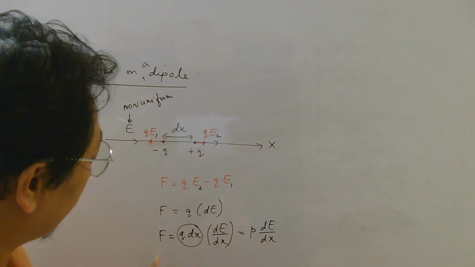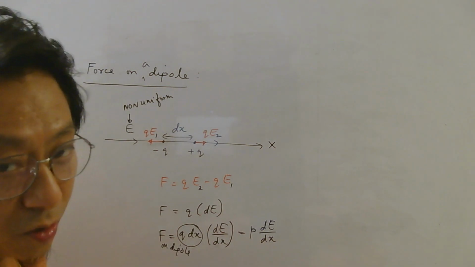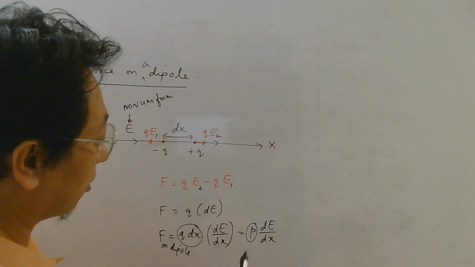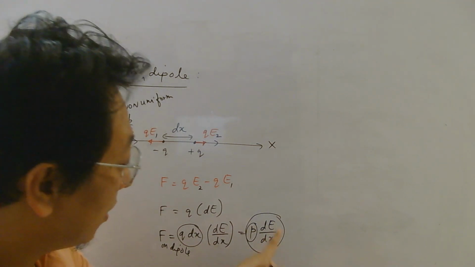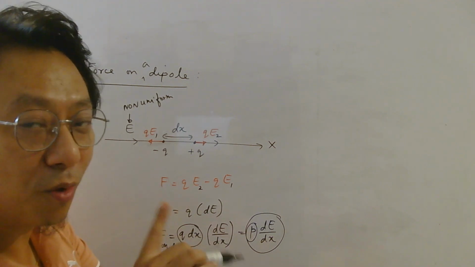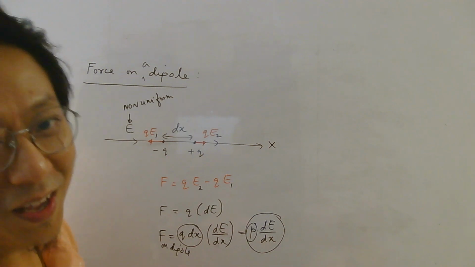So this is the formula for force on a dipole. If a dipole has dipole moment P, it will feel a force of P into dE by dx, where E is the external electric field, which should be uniform or non-uniform? Non-uniform if you want the dipole to feel a force.